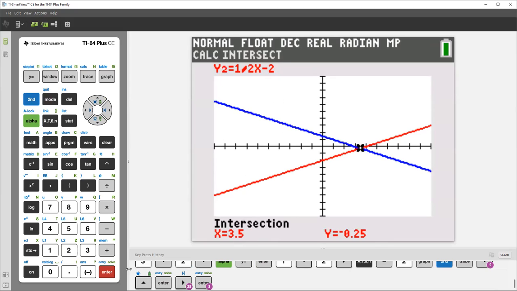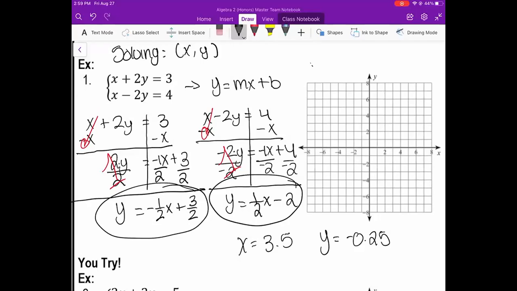I can see that my intersection is at x equals 3.5 and y equals negative 0.25. So that means my answer is x equals 3.5 and y equals negative 0.25.